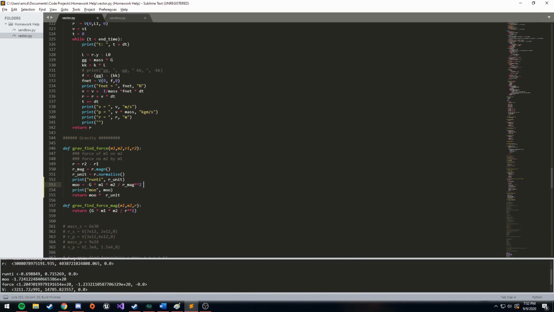The minus 1.7 times 10 to the 20th. That's with G in it as well. That's mass 1 times mass 2 divided by the magnitude squared times negative G. All of that is negative G as well.